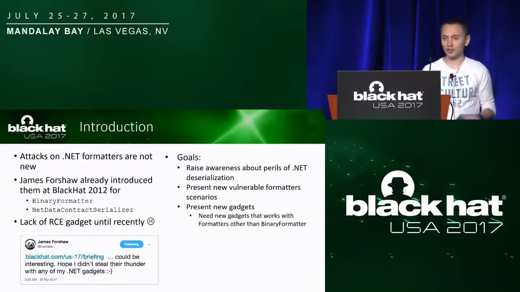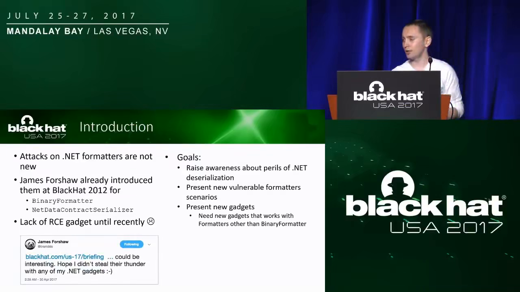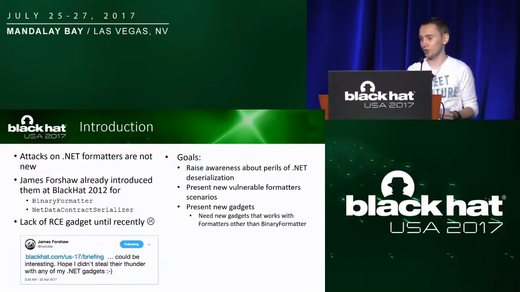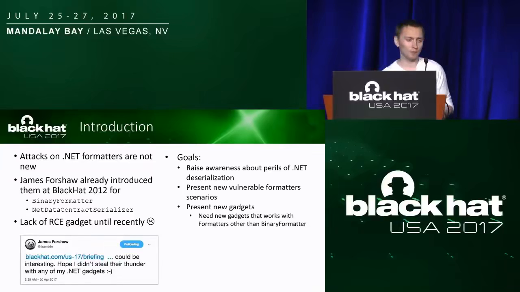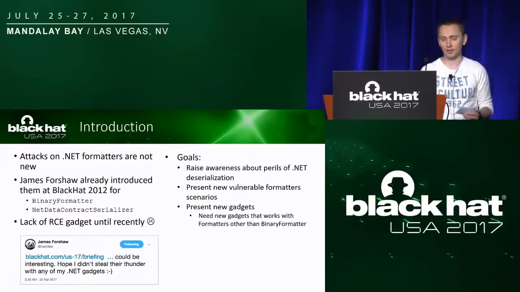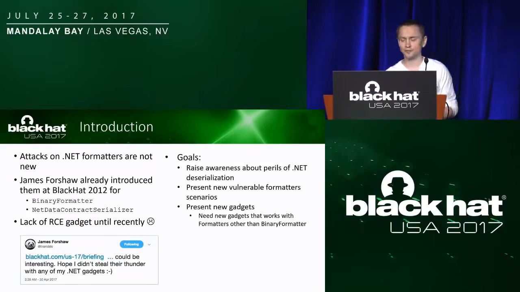But we were sure that there should be a lot of ways to get code execution during .NET deserialization. So we spent some time searching for such a gadget and found one that can be used in BinaryFormatter or some other .NET formatters.